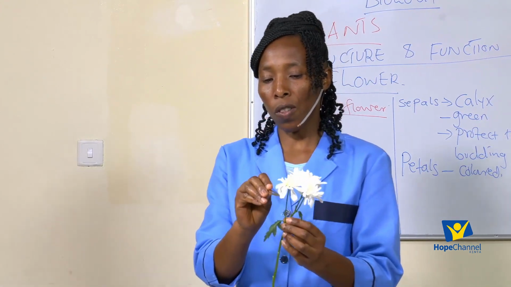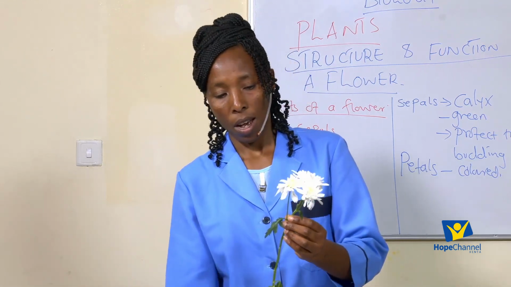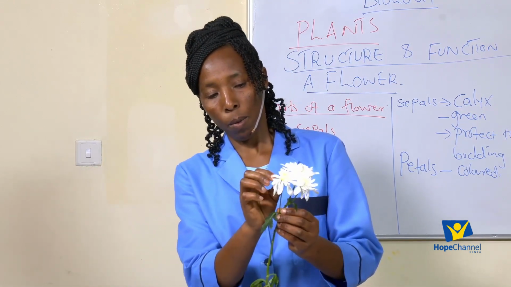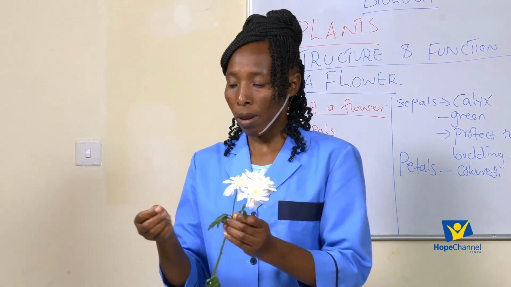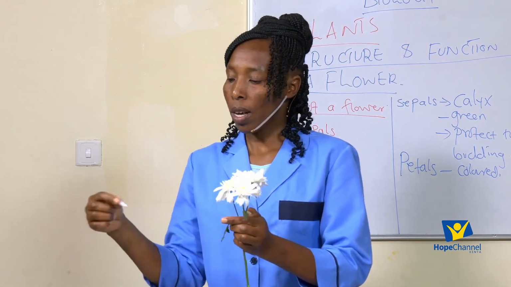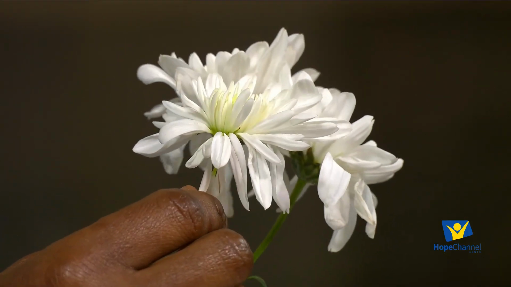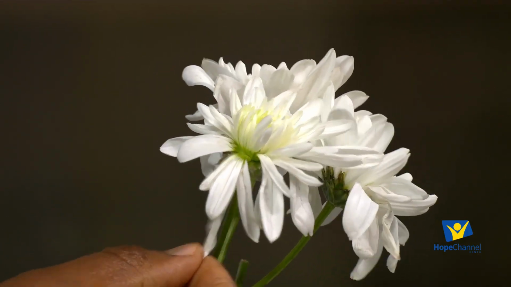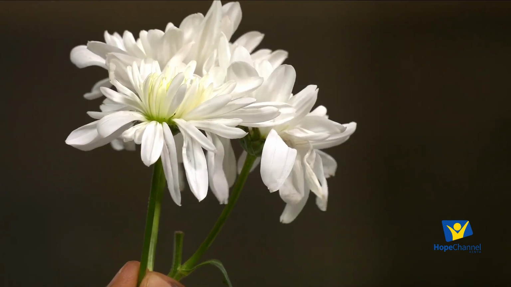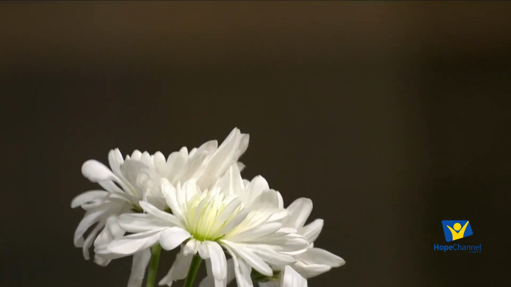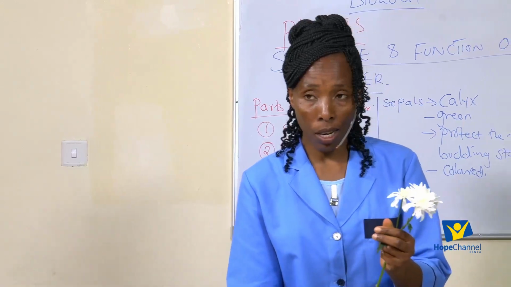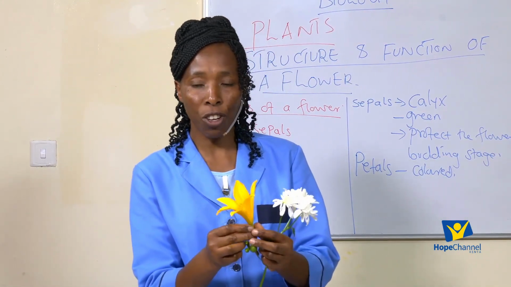Now, if you check on this part, these ones. If I can pluck this one, that is a petal, okay? So this is a petal. You can see this flower has so many petals. And the petals for this flower are white in color, okay? Remember, I've said the petals are what? They are colored. They have different colors.